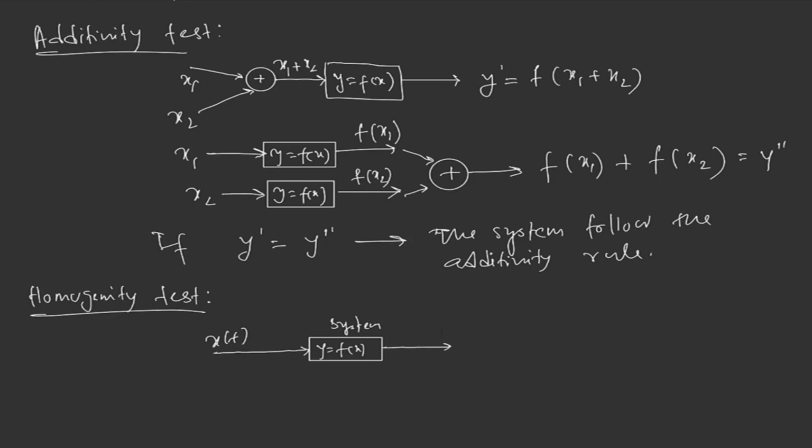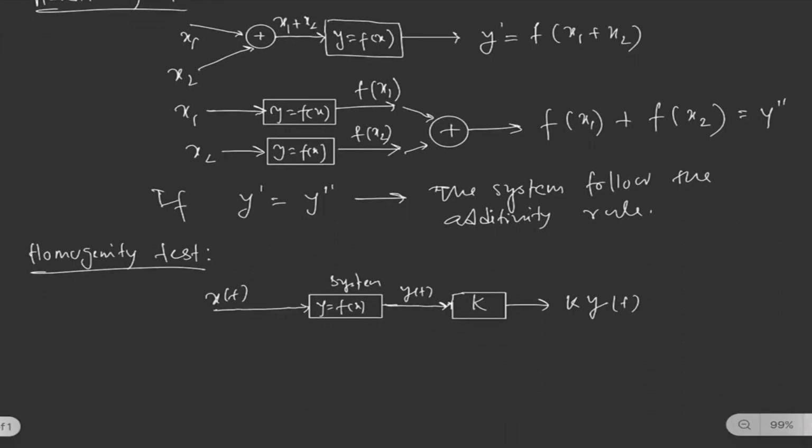Let me assume this is y of t, for example. If you scale this output by some scaling factor k, we can get k into y. The same input x(t) is going to the function f(x), and we are getting the output y(t). And if you multiply this y(t) by the scaling factor k, we have the output k y(t).